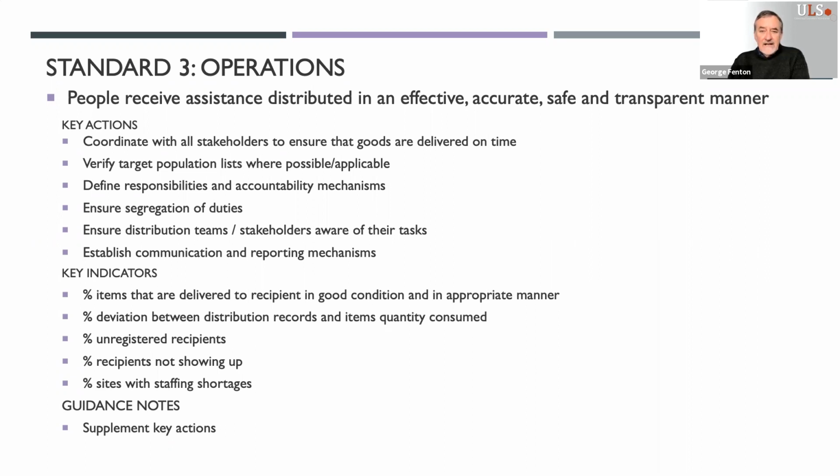Perhaps it's good to pilot a small-scale distribution initially to address and resolve any issues before the main scale-up of the distributions, and ensure that the community is informed in advance of distributions of what the criteria are and what the eligibility is for assistance, and have that mechanism in place, again, for any complaints and feedback on the criteria and inclusion on the distribution list.